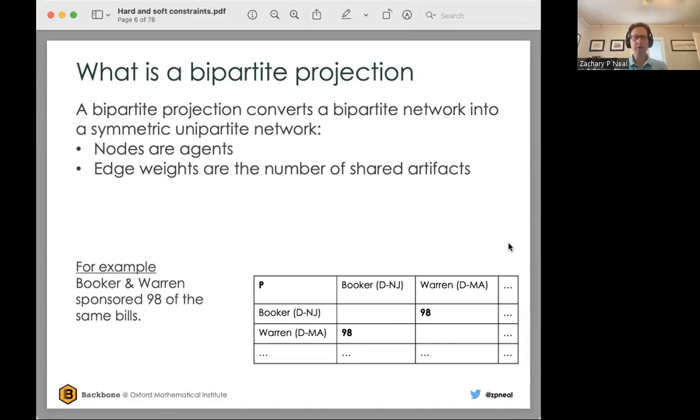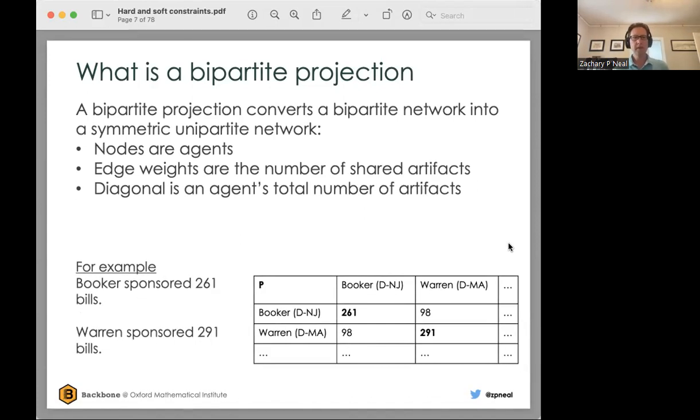In our example, we might observe that Booker and Warren sponsored 98 of the same bills. The diagonal in a bipartite projection simply captures an agent's total number of artifacts. So we can see Booker sponsored a total of 261 bills in the session, and Warren sponsored a total of 291 bills. Although in practice, we're usually not particularly interested in the diagonal of the projection.